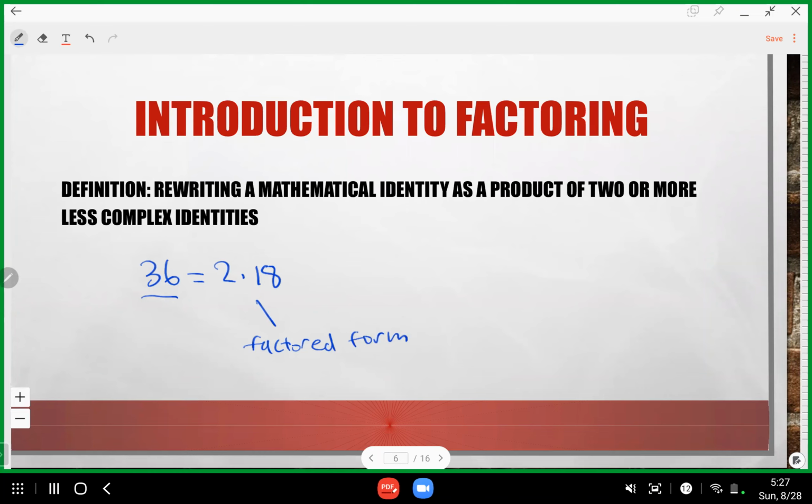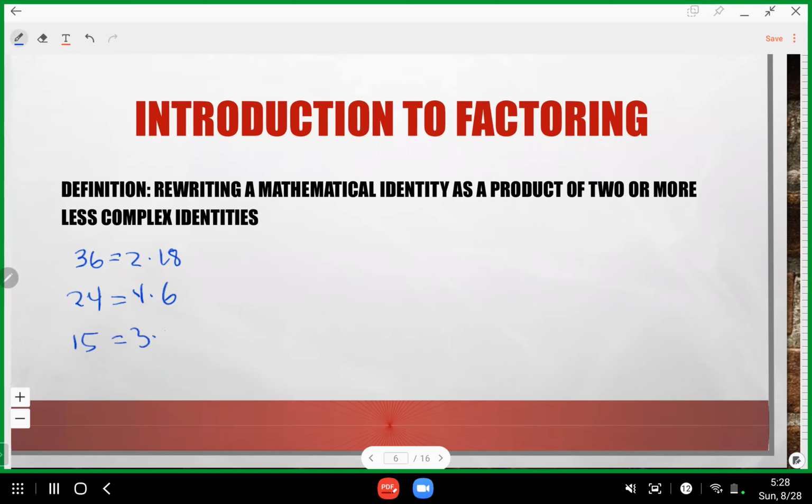So we can do that with real numbers like this, or integers. If we do another example, we could also say 24 is equal to 4 times 6. 15 is equal to 3 times 5.